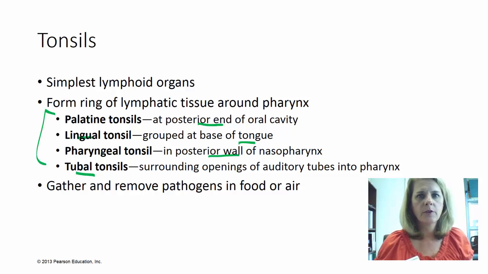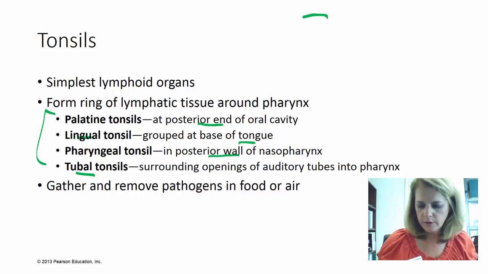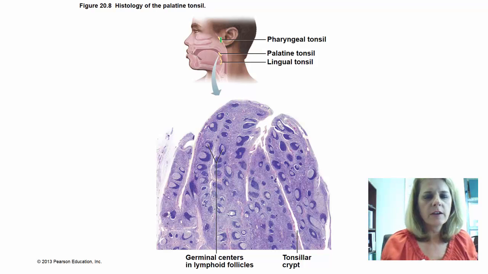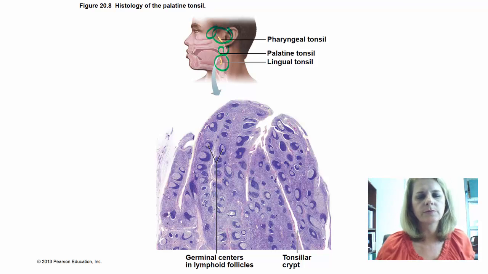If you think about the pharynx, that's the back of your throat. You have the nasopharynx behind your nose, the oropharynx behind your mouth, and the whole thing is called the pharynx. So you have pharyngeal tonsils, palatine tonsils, and lingual tonsils, okay?